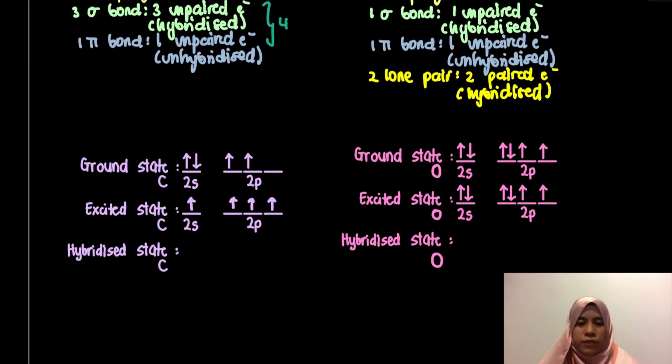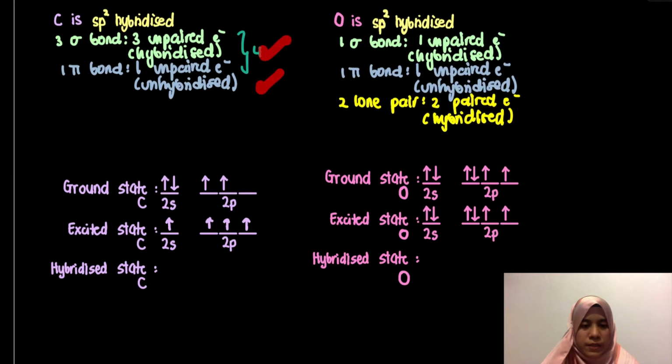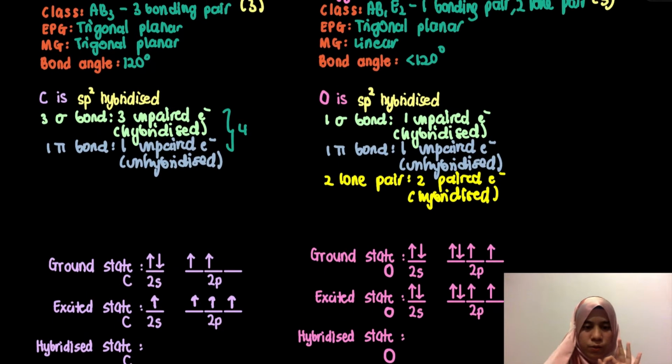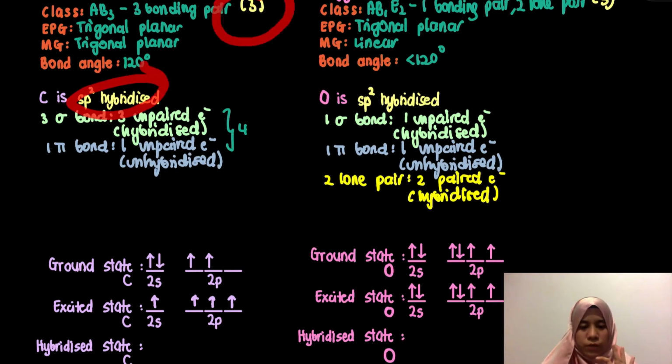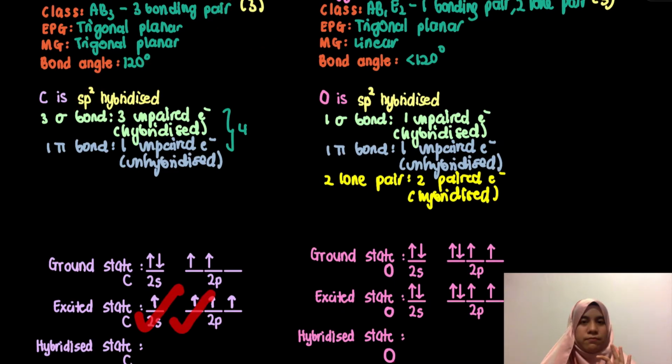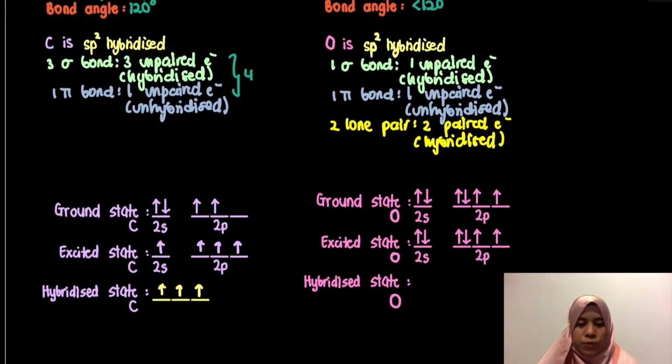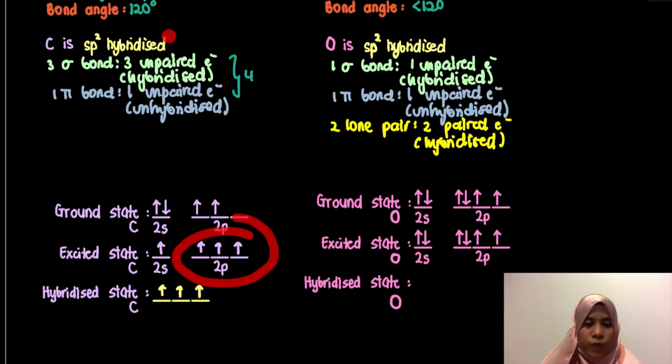Now we have 4 unpaired electrons. But remember, for the hybridized state, it is sp2. So it wants sp2. How many does sp2 have? Actually sp2 has only 3. So we only need 1, 2, 3. We do need these 3, which is sp2 hybridized.